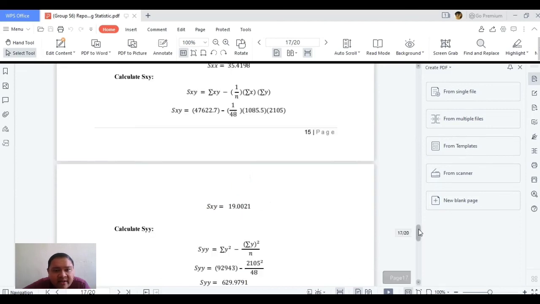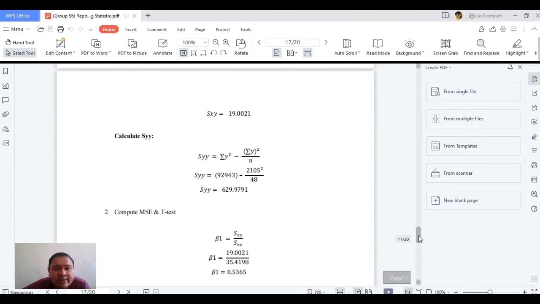So Sxy equals 47622.7 minus 1 over 48 times 1085.5 times 2105. And then we will get Sxy equals 19.0021.